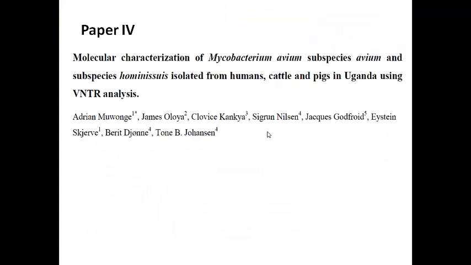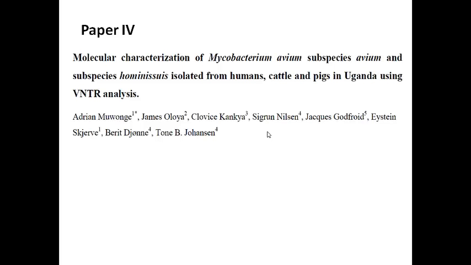The fourth paper documented the characteristics of the isolated Mycobacterium avium specifically that was recovered from humans, cattle, and pigs. Now we combined isolates from 2 studies. From the study in the northeastern part, Karamoja, we used 12 isolates from humans and 3 isolates from cattle, and then the pig isolates that we isolated in Mubende.